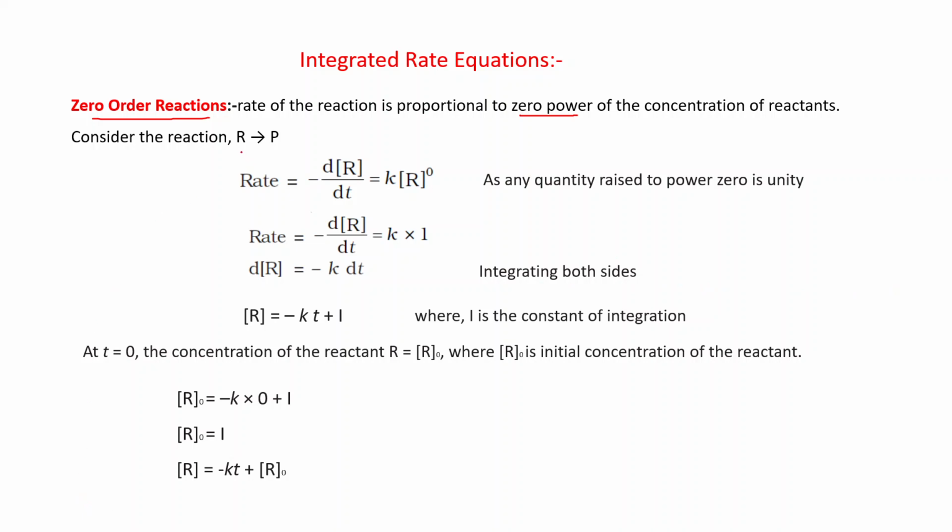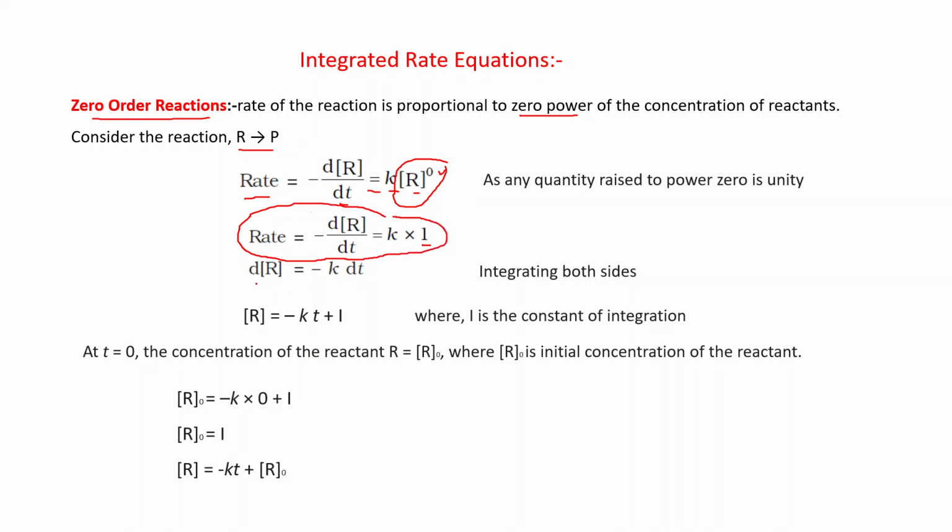If we consider this general equation, reactants are converting into products, and for this we can write the differential rate equation like this. Rate is equal to minus dR by dt is equal to k R power 0. This 0 represents the zero order reaction, and this term R power 0 becomes equal to 1. Then this equation, rate is equal to minus dR by dt is equal to k.